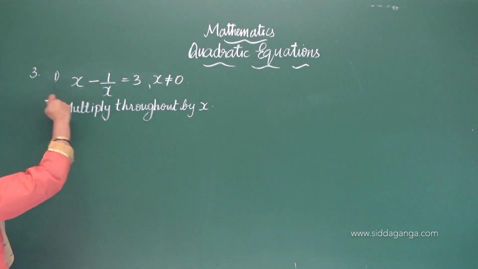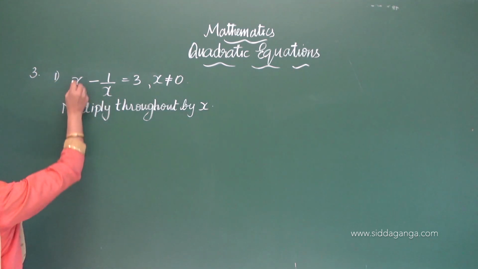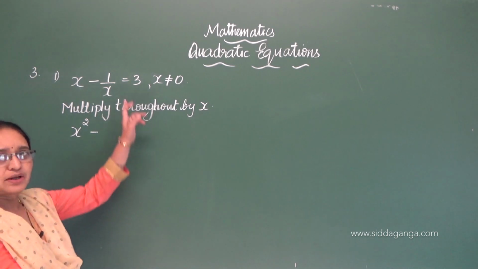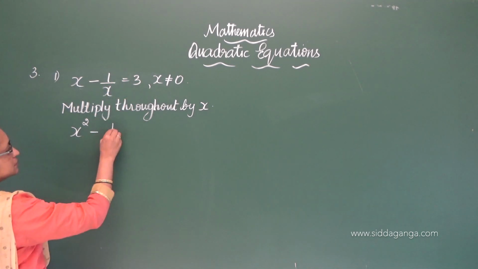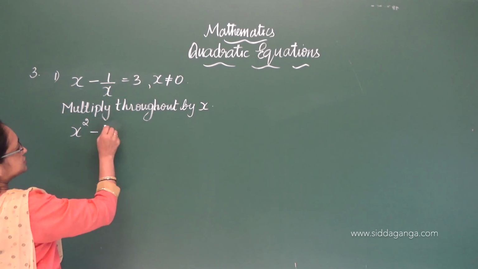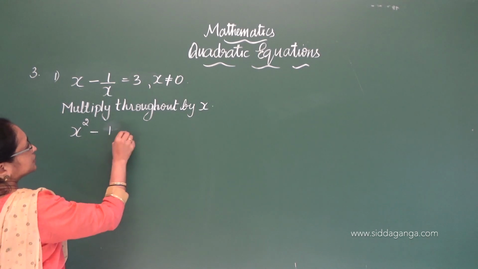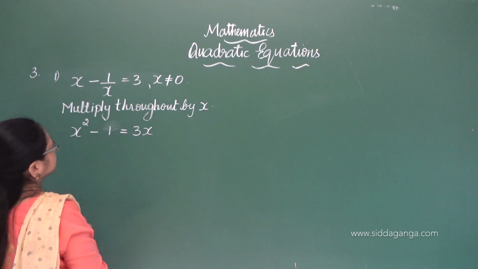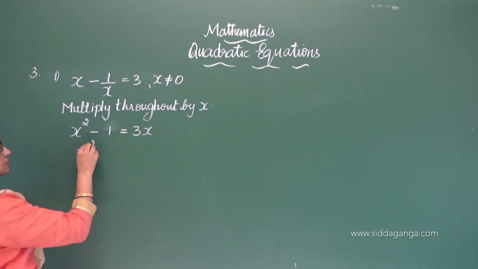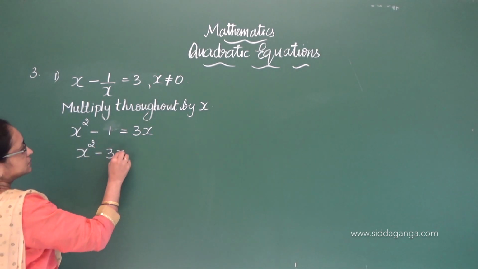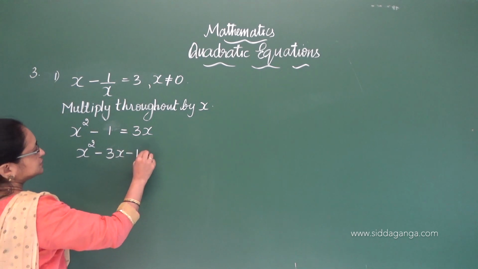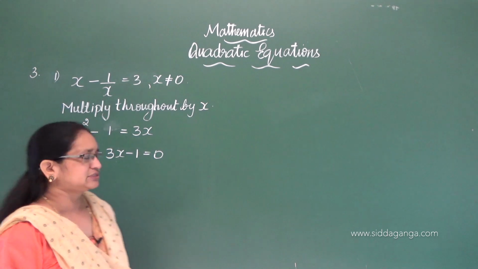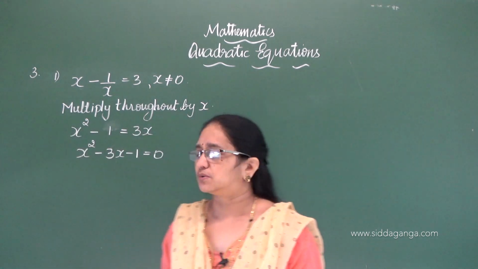So when you multiply throughout by x, this will become x square minus 1 by x into x is x gets cancelled, giving you 1, is equal to 3 into x is 3x. Now this will become x square minus 3x minus 1 is equal to 0. I have transposed this. So x square minus 3x minus 1 is equal to 0.